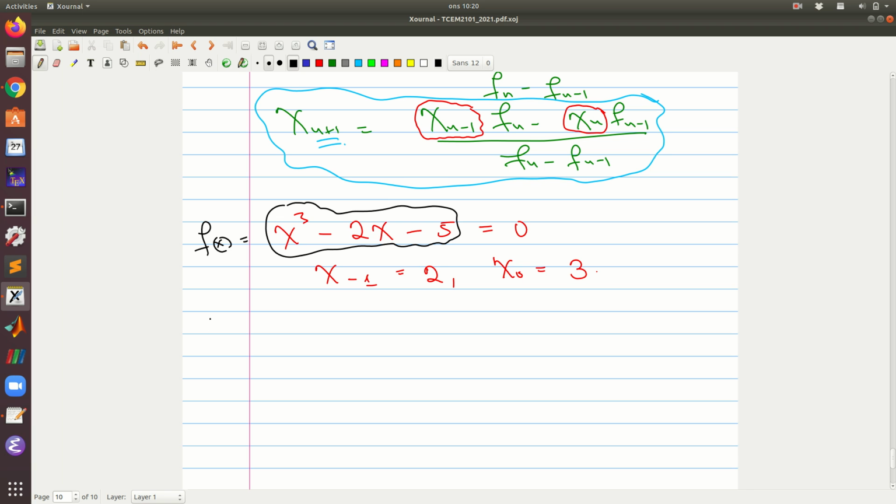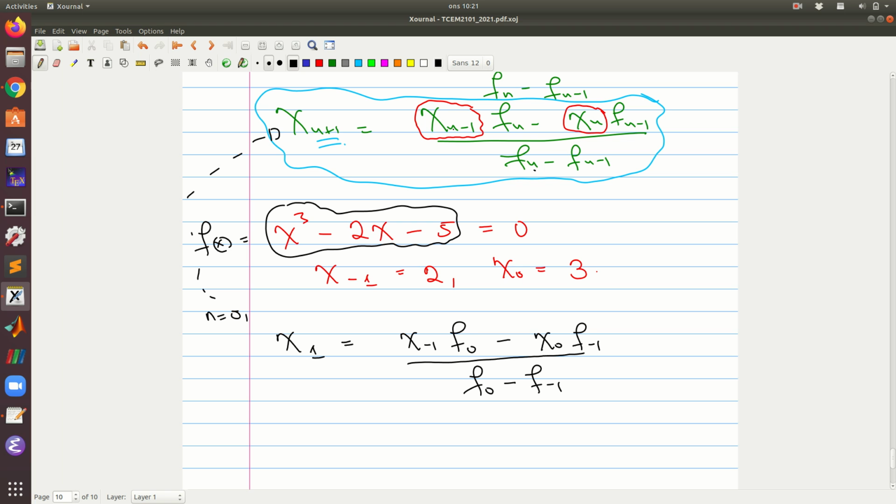So here we see that at n equals 0, let us substitute in here, and then we see at n equals 0 we have x1 equals x minus 1 times f0 minus x naught times f minus 1, divided by f0 minus f minus 1.